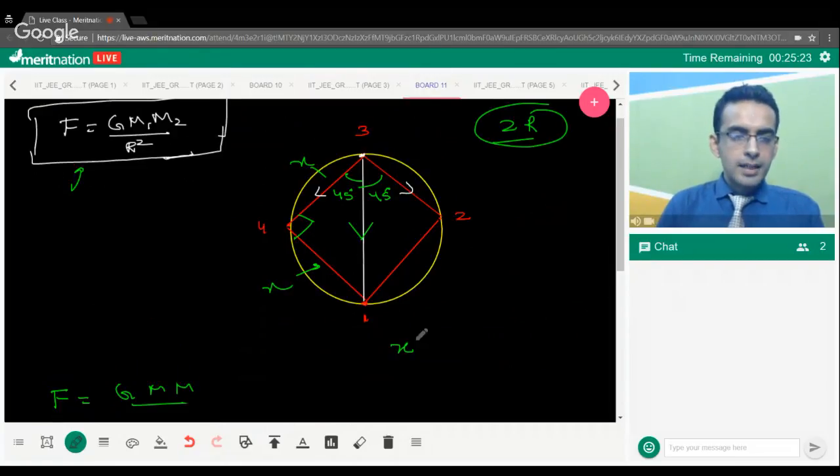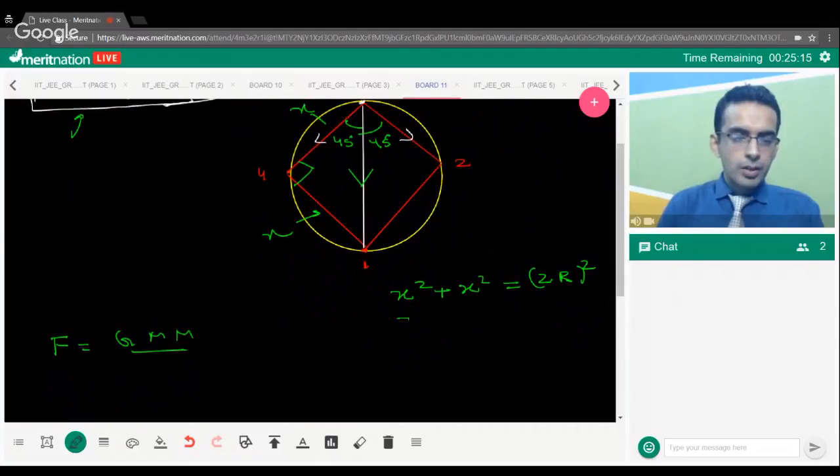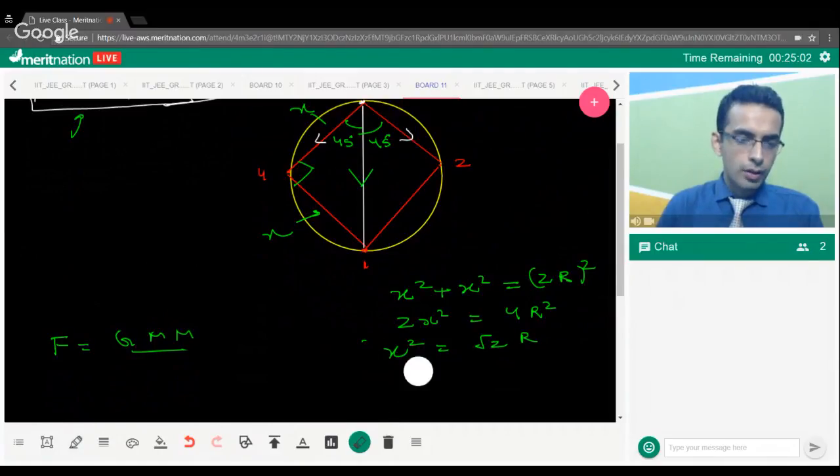So you can say x square plus x square is equal to 2r whole square. And you can say 2x square is equal to 4r square. So x square must be equal to 2r square. Sorry, x should be equal to root 2 r.